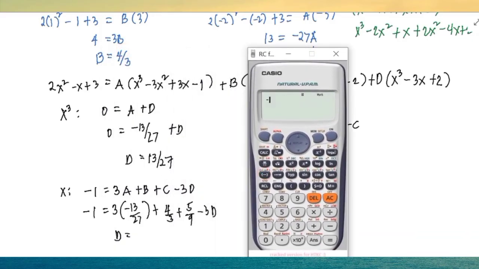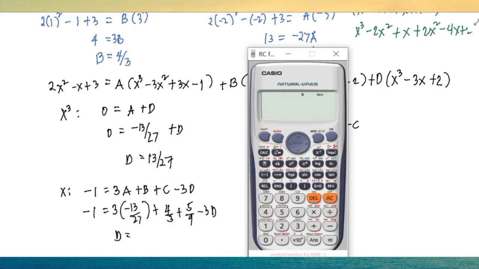We have negative 1 equals 3 times negative 13 over 27 plus 4/3 plus 5 over 9 minus 3, si d palitan natin ng x, shift solve equals, and that would give you x is equal to 0.48 something.